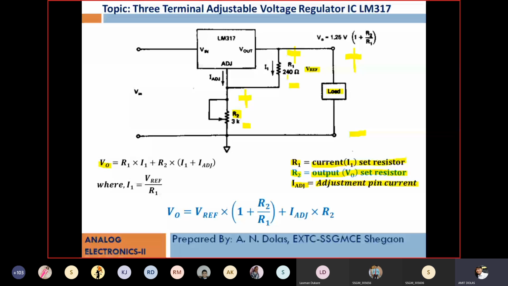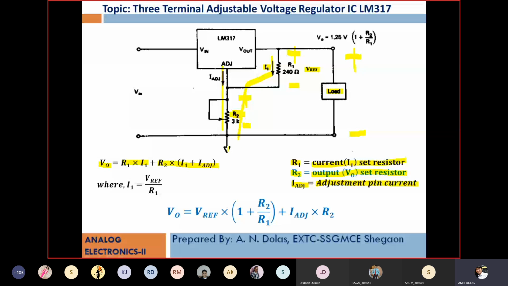We know voltage across R1 is a function of current passing through. Yes? Anybody has any question? Okay. So here current I1 and R1 form the voltage across resistance R1, plus the voltage across resistance R2 will be R2 into, there are two currents passing into R2, one is I adjust and another one is I1.